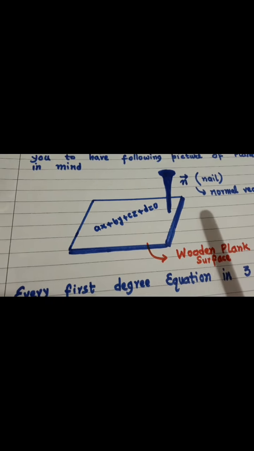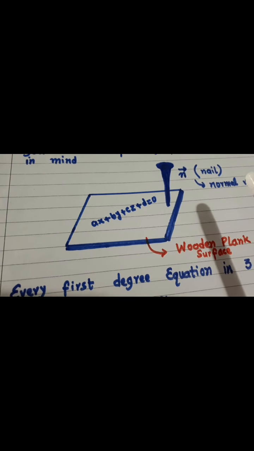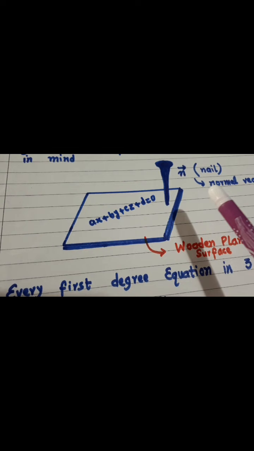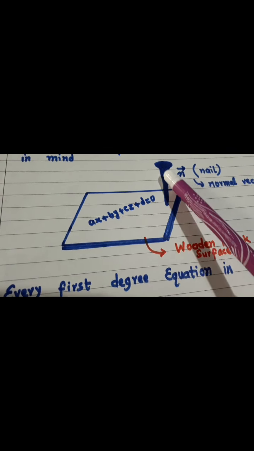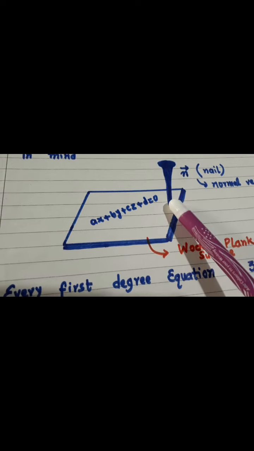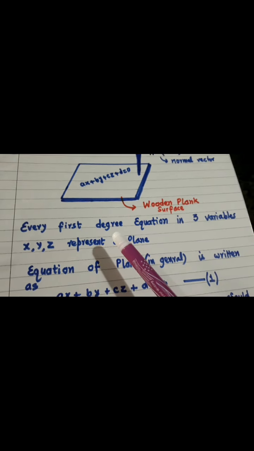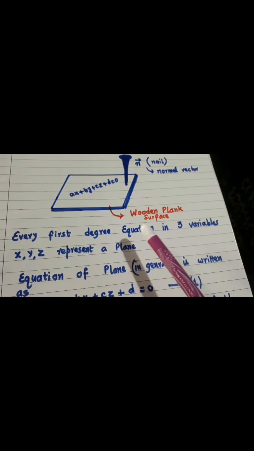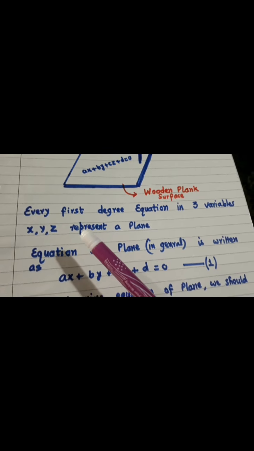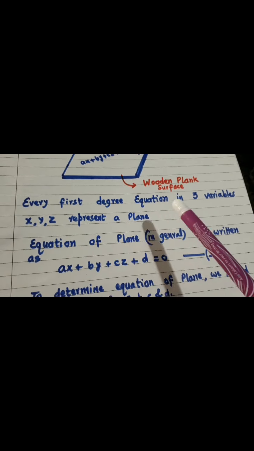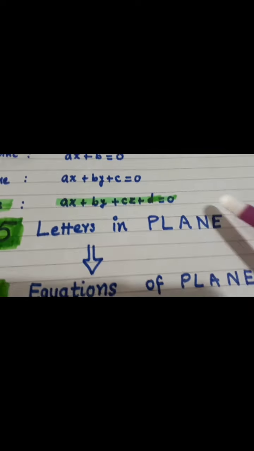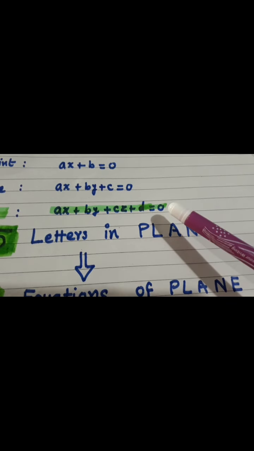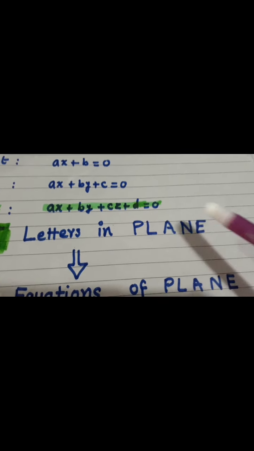In the case of lines, there was a parallel vector, and in the plane, there is a perpendicular vector or normal vector. So, every first degree equation in 3 variables x, y, z represents a plane: ax plus by plus cz plus d equal to 0.